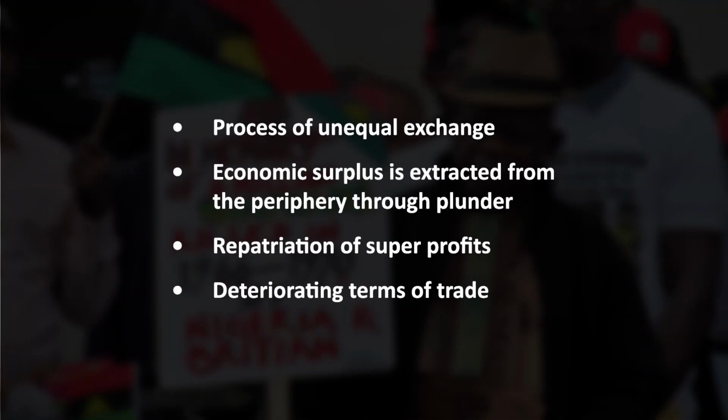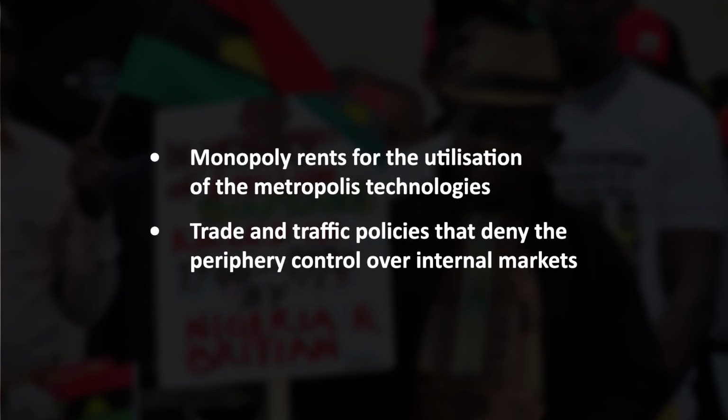Through the process of unequal exchange, the economic surplus is extracted from the periphery through plunder, repatriation of super profits, deteriorating terms of trade and monopoly rents for the utilization of the metropolis's technologies, as well as trade and tariff policies that deny the periphery control over the internal markets.